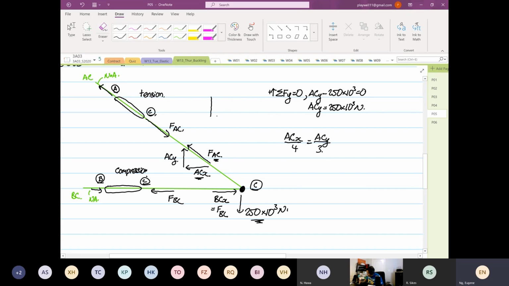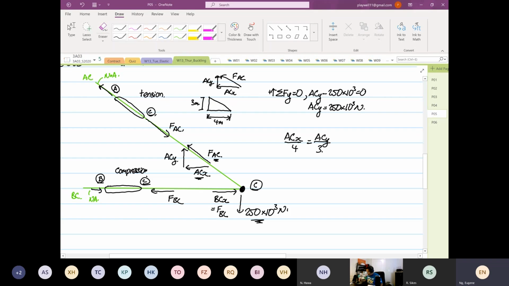Because if you look at the geometry, the distance from here to here, this is given in the question. This is 4 meters, and this is 3 meters. The forces likewise will go that this is your ACY, ACX, and we just use similar triangles, FAC.